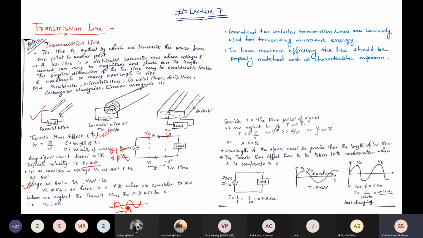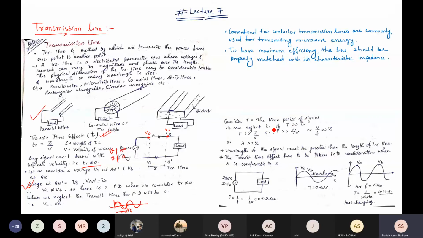To avoid this transit time effect, you need to send your signal so that, before completion of one cycle, the pulse which is going should reach the load side. That means within one time period you should reach the load side. So T is equal to the time period of the signal.